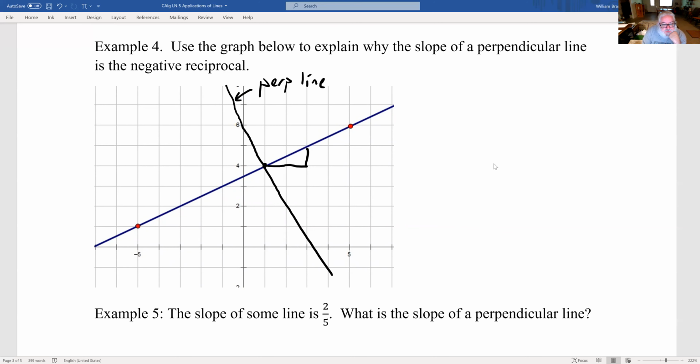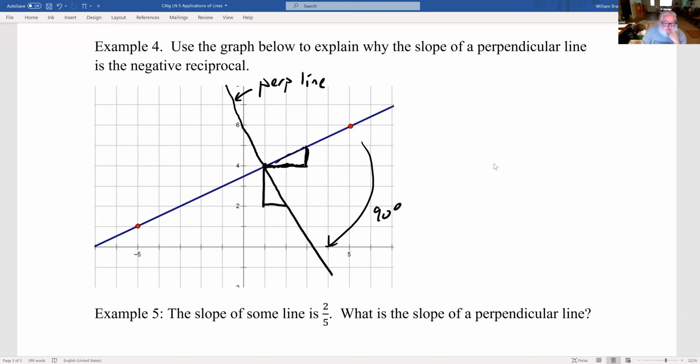Well, rotating the blue line 90 degrees, that means if I rotate this triangle 90 degrees, I should get a slope triangle for the perpendicular line. But when I rotate this horizontal part 90 degrees, it becomes this vertical part. And then when I rotate this part 90 degrees, it becomes this horizontal part.